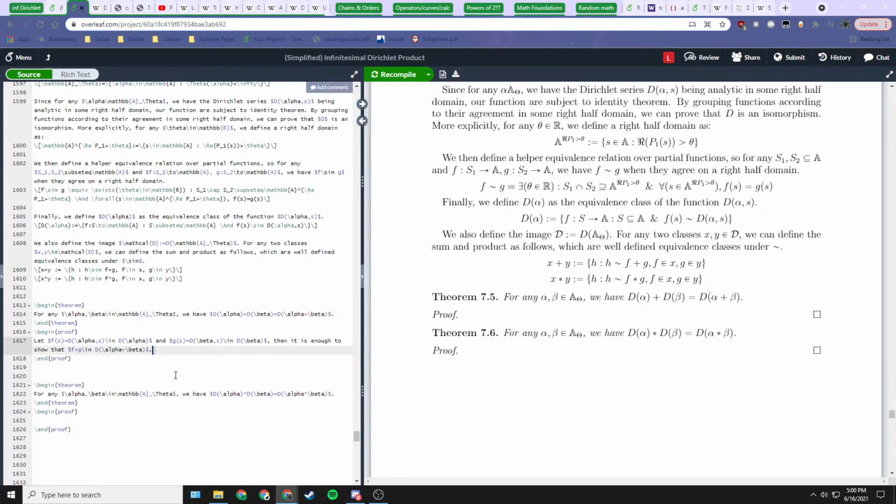Then it's enough to show that the sum is in this class. So take any s in C such that the real part of s is greater than theta of alpha and theta of beta.